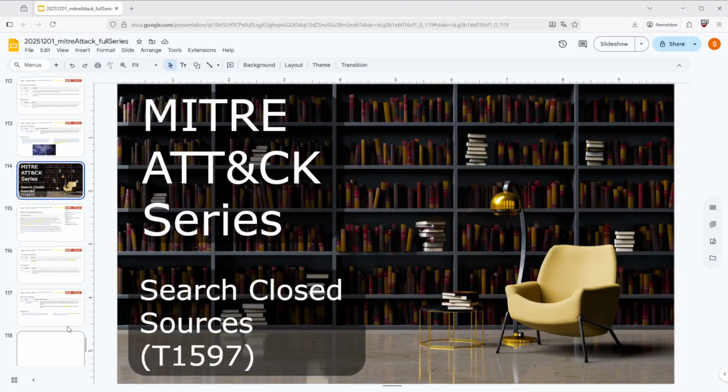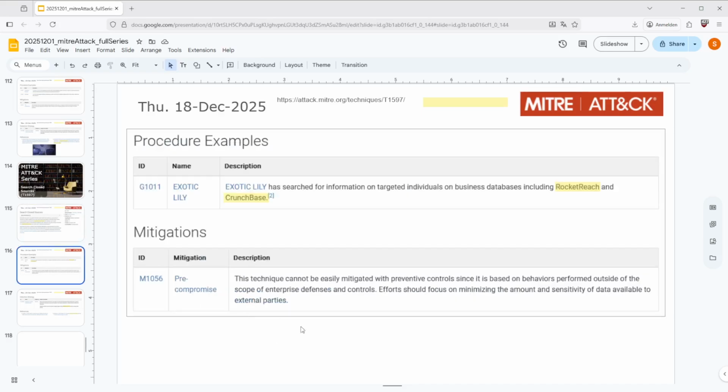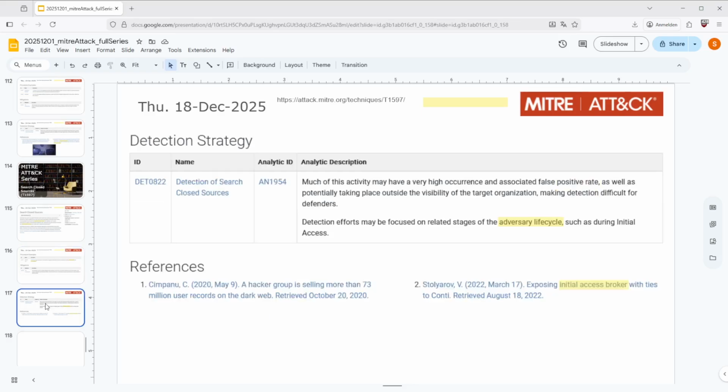So, search closed sources. We now understand what that is on a high level. We will dig into the two sub-techniques. We can locate it on the kill chain or adversary life cycle, as we learned. Then we have some examples here on how to mitigate it. We know that there is not much to mitigate here.